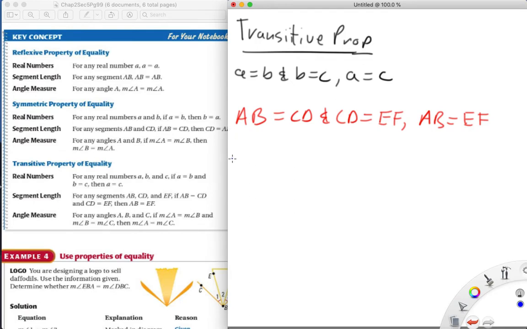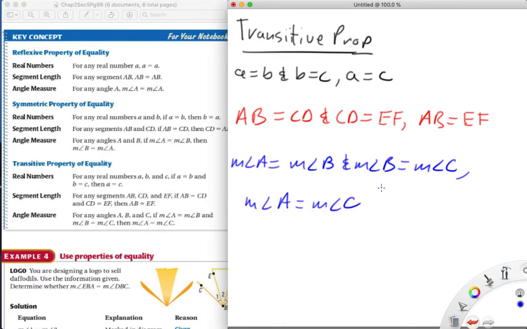If the measure of angle A is equal to the measure of angle B, and the measure of angle B is equal to the measure of angle C, then I can conclude that the measure of angle A is also equal to the measure of angle C. Transitive property of equality. Okay?